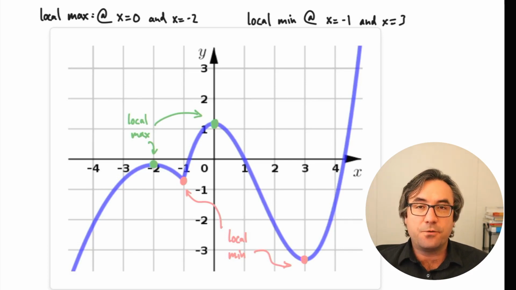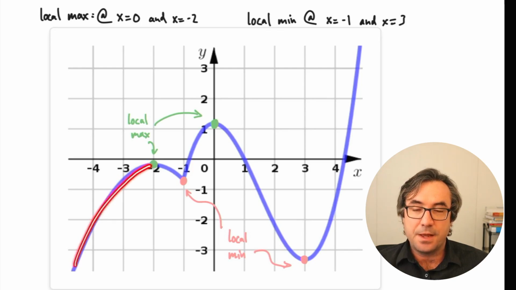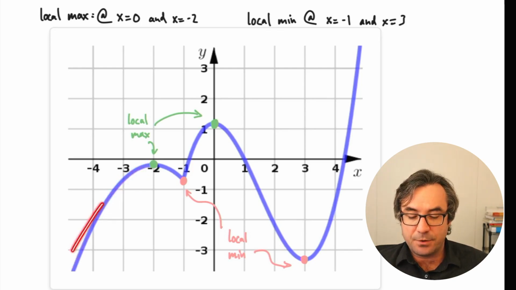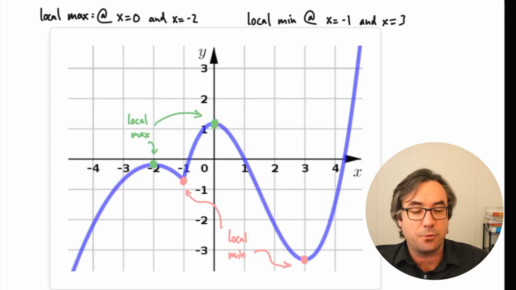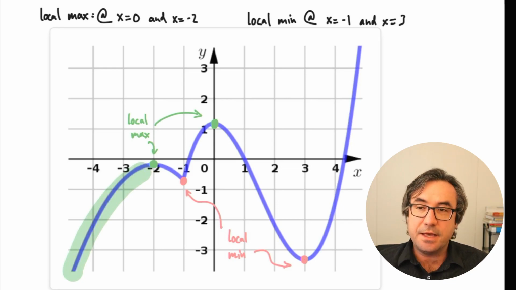We want to look for the sections of our graph that are moving up. So let's start with the intervals of increase. We look at this section right here, and our graph's moving up. If I were to draw a tangent line at any of these points here, it would have positive slope. So this section is going to be increasing.